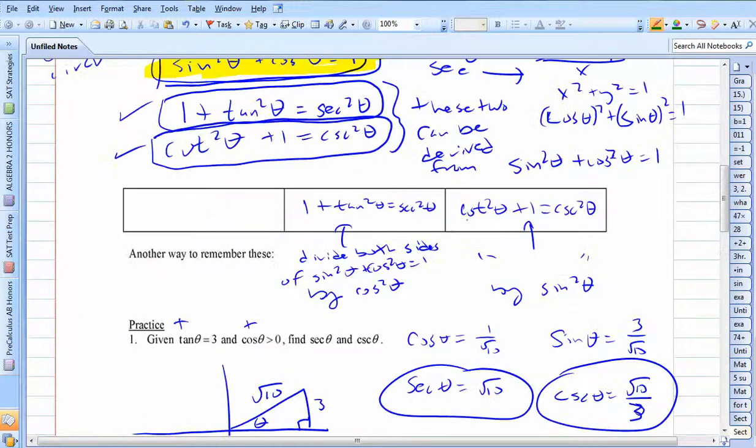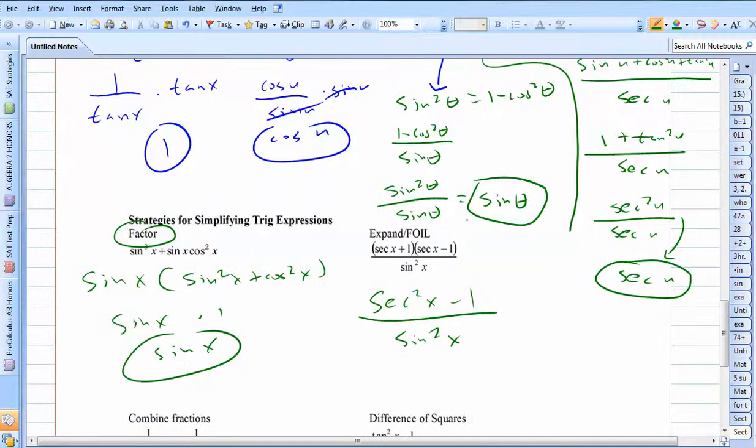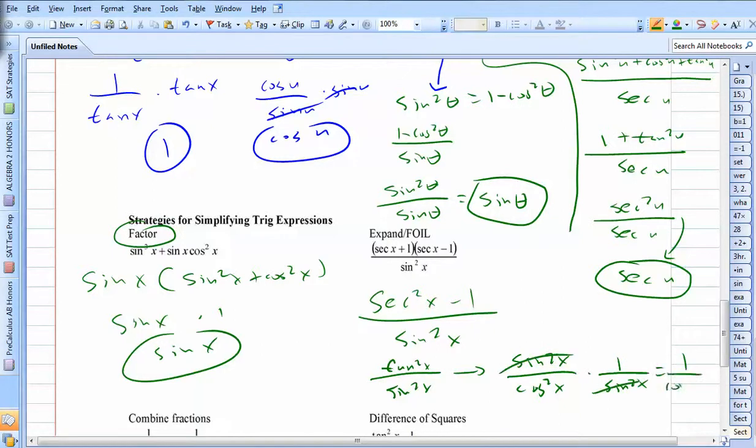Oops, sorry about that. Yeah, so then if I subtract the 1, I can say tan squared x over sine squared x. Tan squared is sine squared x over cosine squared x. And of course we have the sine squared x in the bottom. Boom, boom. I get 1 over cosine squared x, which is secant squared x.